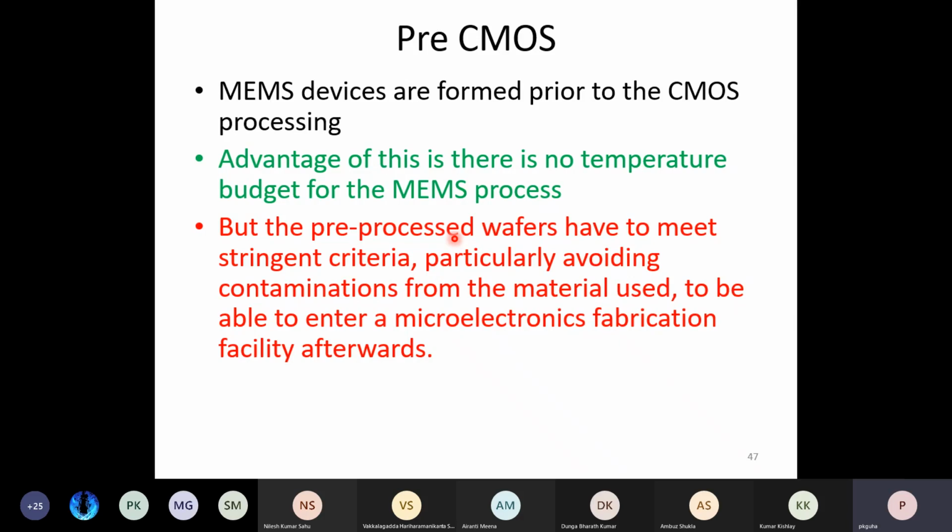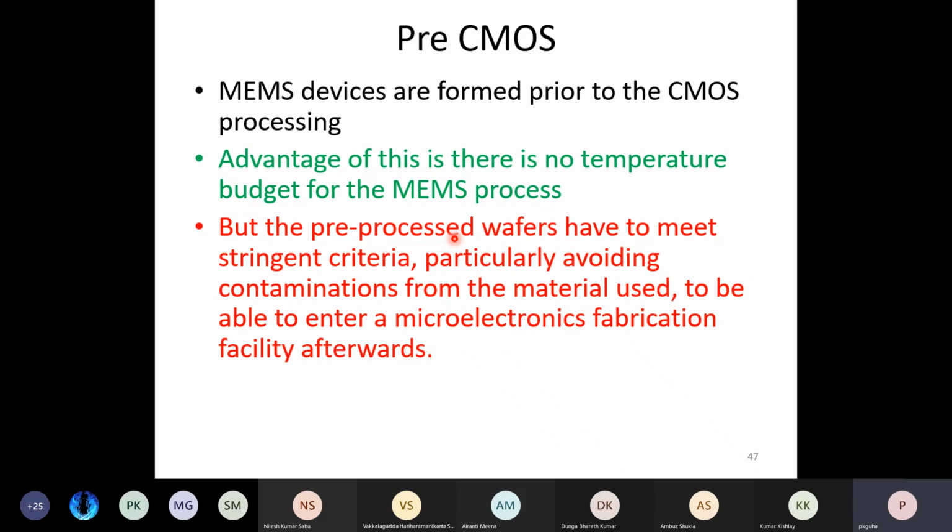If you put any foreign material in the CMOS wafer, in your silicon or gallium arsenide wafer, they will usually not allow you to give that wafer for their fabrication processes, because they will say that your wafer already contains different material which is non-silicon, so I am not allowing you.